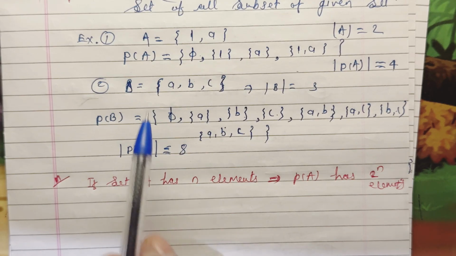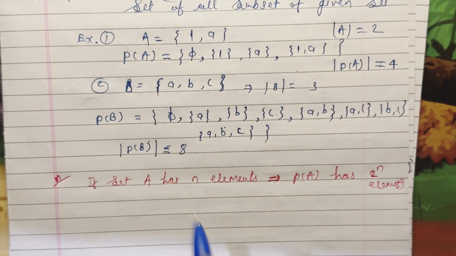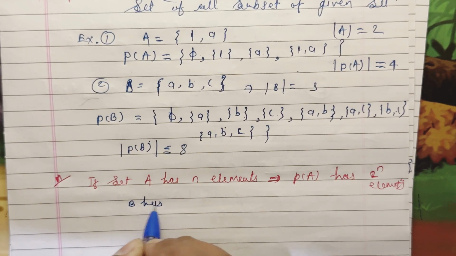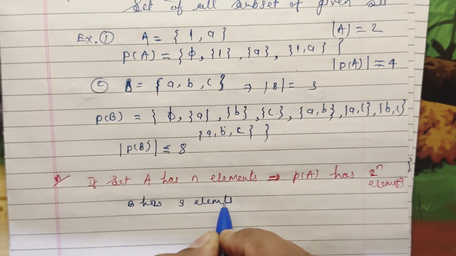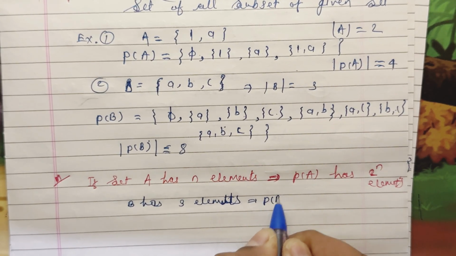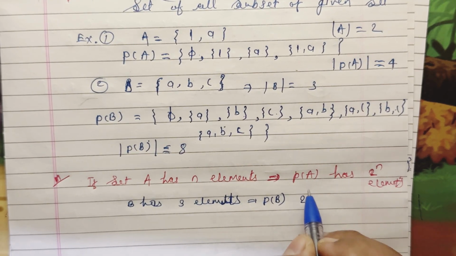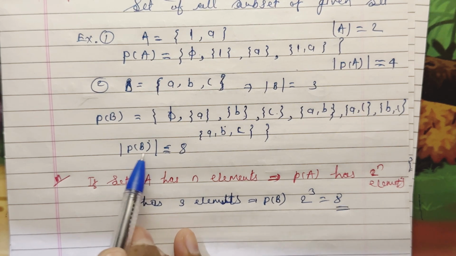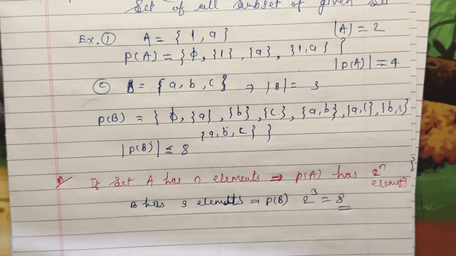So consider set B has 3 elements. The power set of B has 2 raised to 3 elements, meaning 8. Now you can observe here that the power set of B also has 8 elements.